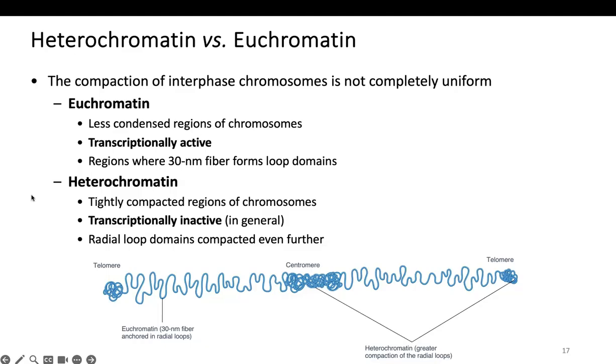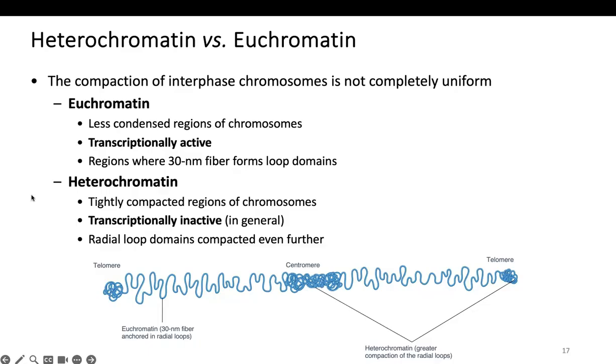So, in the end, our chromosomes are comprised of these loop domains localized to specific areas of the nucleus. The position of the DNA within these loop domains and how large or tightly packed these domains are is going to affect the activity level of that part of the chromatin.